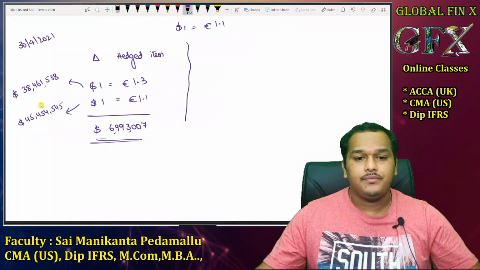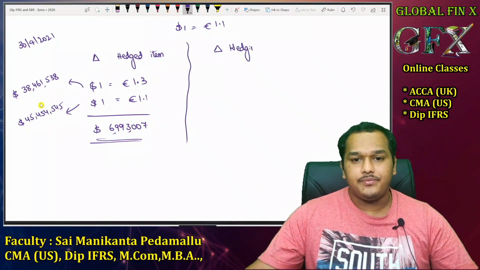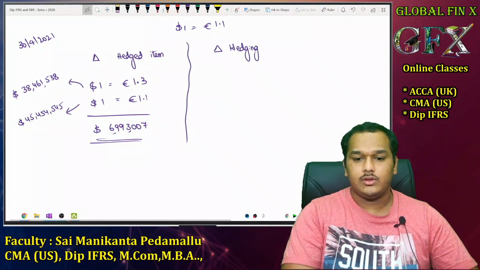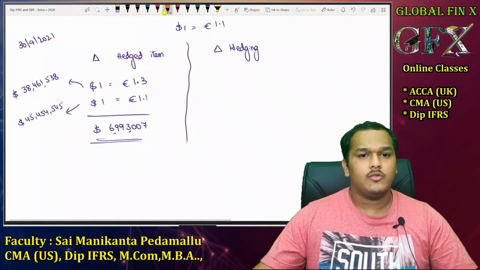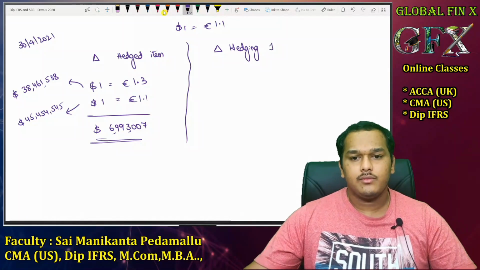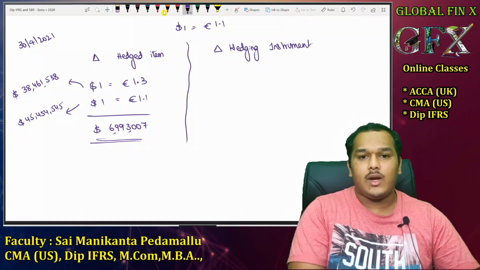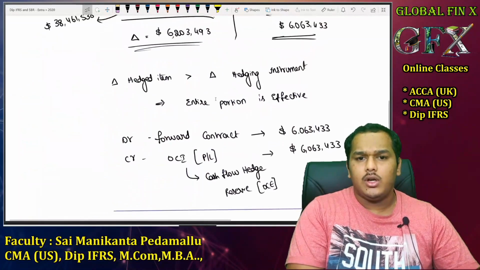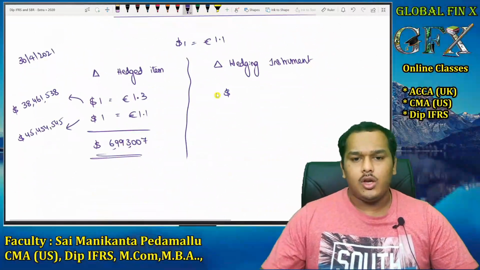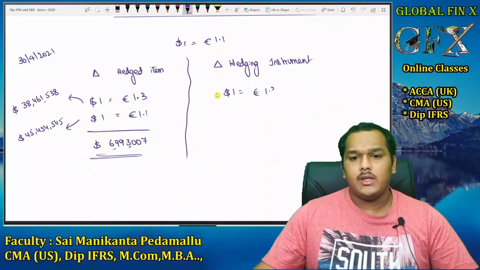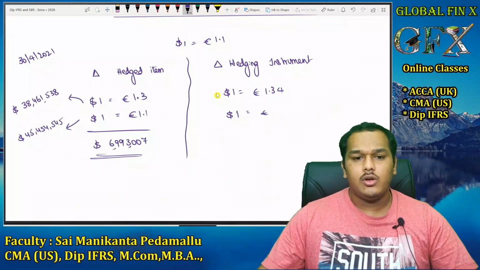Next one, delta in hedging instrument. The previous forward rate was 1.34, right? So $1 is equal to euro 1.34, and today $1 is equal to euro 1.1.